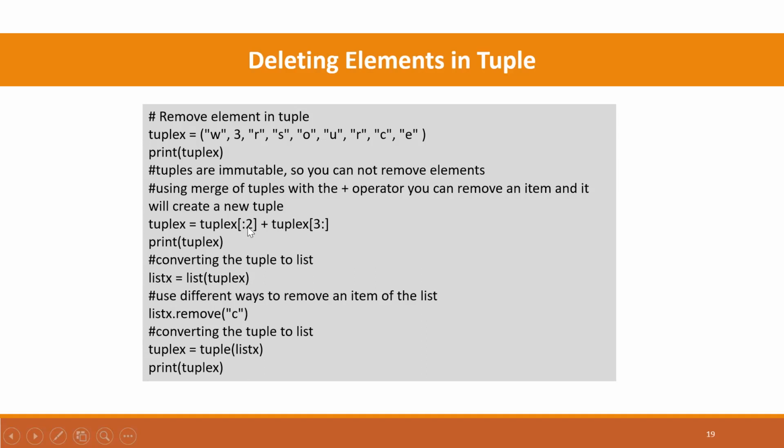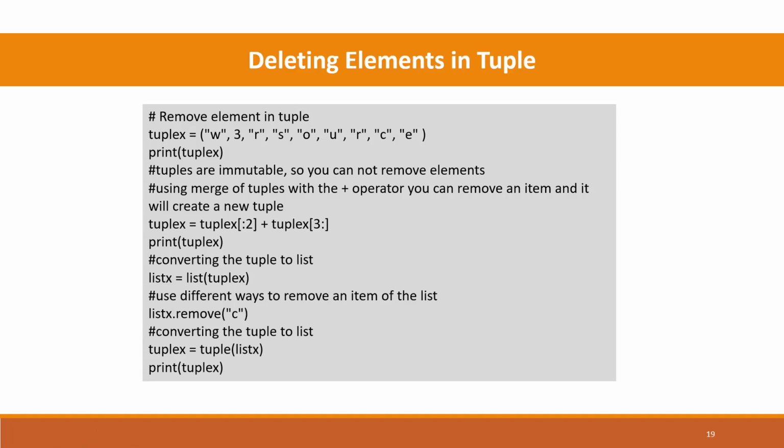Look, I am taking 0 to 1 in this syntax, it's a slicing operator. So with nothing before it, 0 and 1 will be considered, so W3 will come. And from 3 to last. So R gets eliminated. If you print it and store it again inside tuple X using the plus operator, plus is the concatenation operator we already used, used to join. So we are deleting R from a tuple in this way. That is one approach.